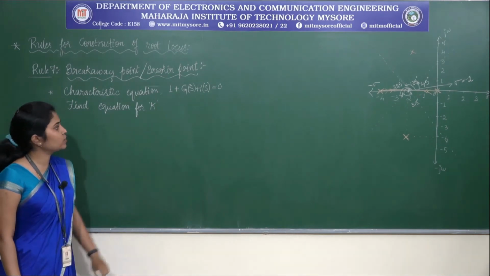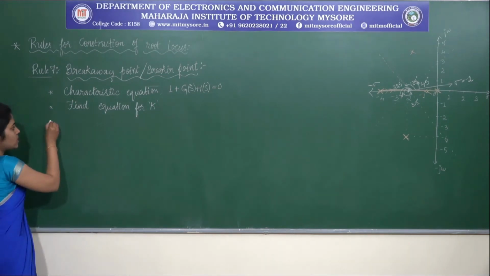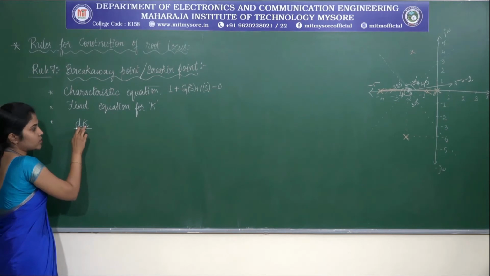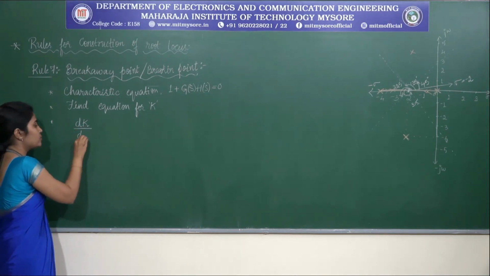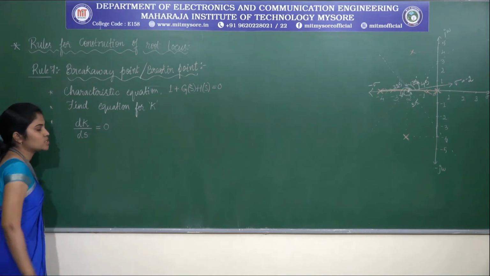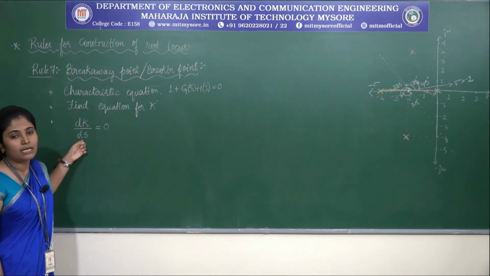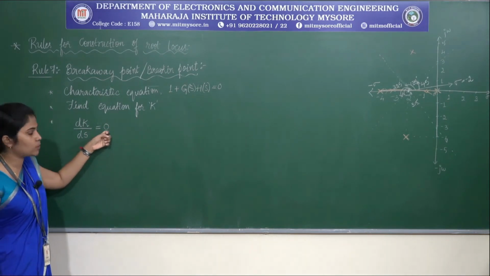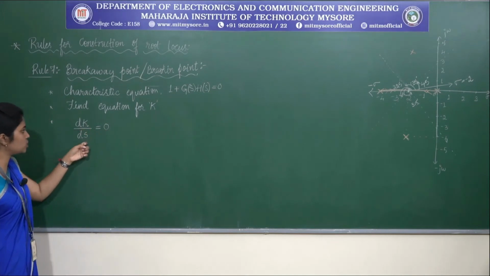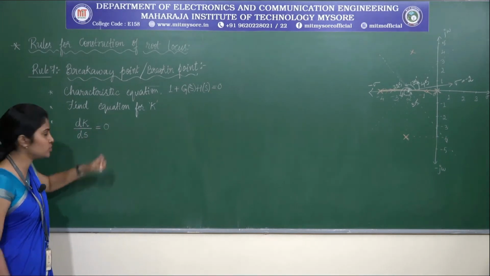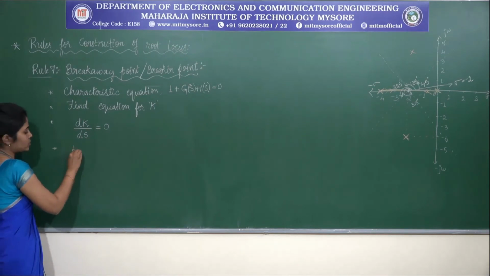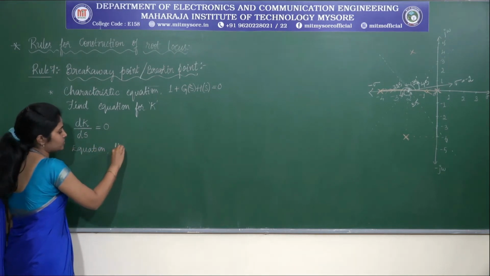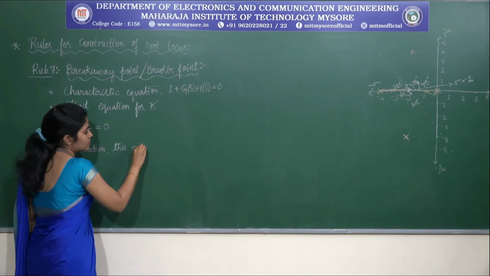So after finding the equation for k in terms of s, the third step is to differentiate that equation, that is the equation of k, with respect to s and equate it to 0. So this is the third step, that is differentiate the obtained equation for k with respect to s and equate it to 0. Once you differentiate and equate it to 0, you get an equation.